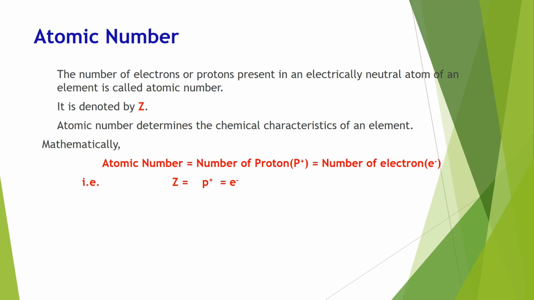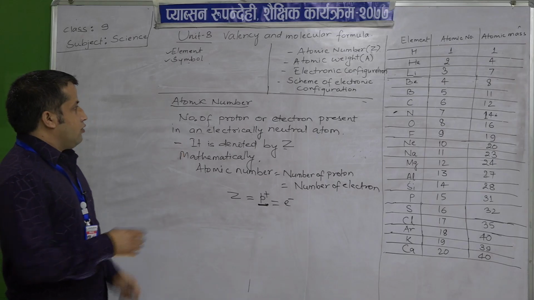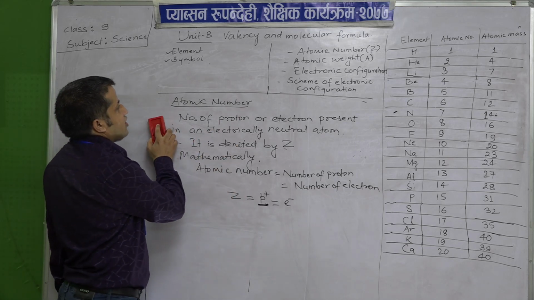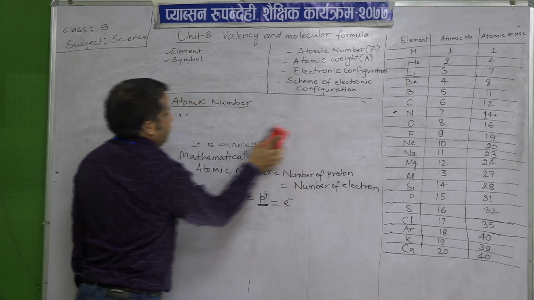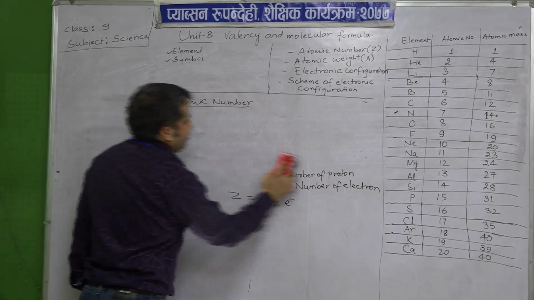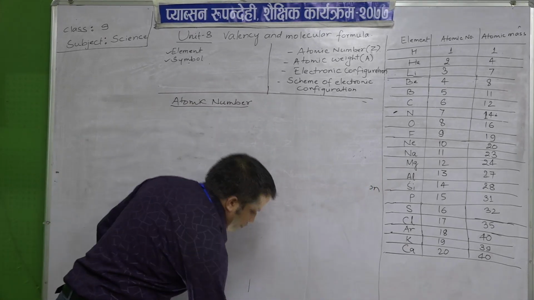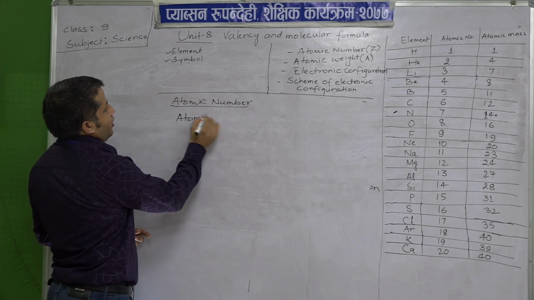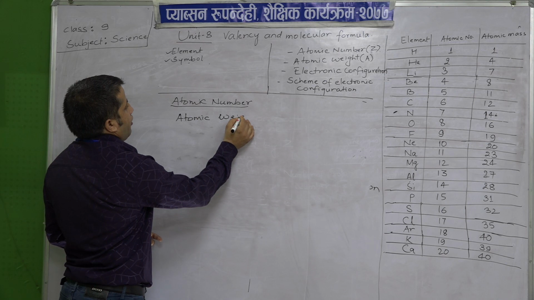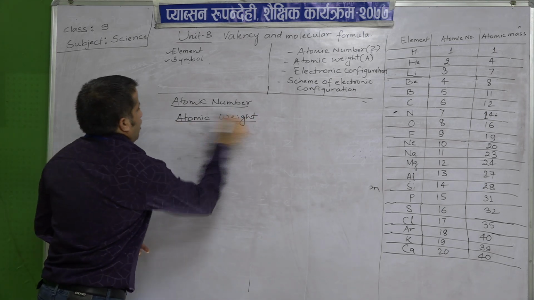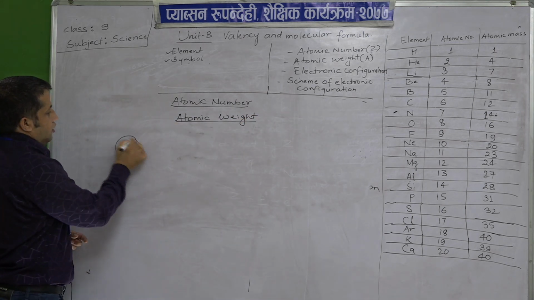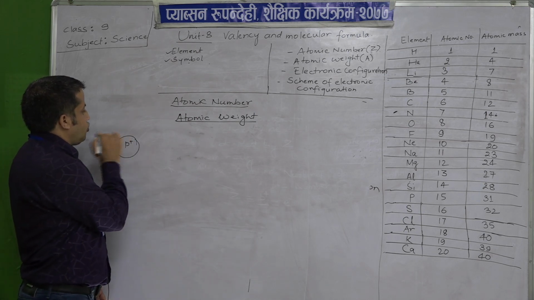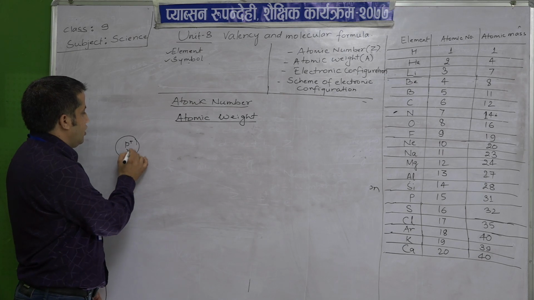Okay. Now, focus on the board. First we completed that. The next term that we will study is atomic weight. So, next topic, atomic weight. Here we have studied that in the nucleus of an atom there lie protons, positively charged, and neutrons, isn't it?